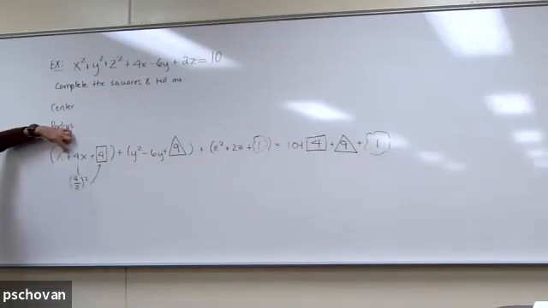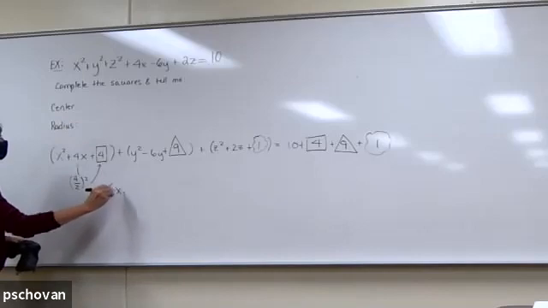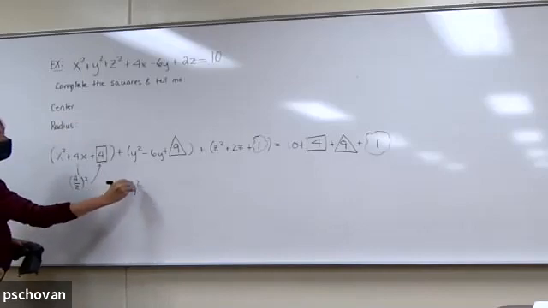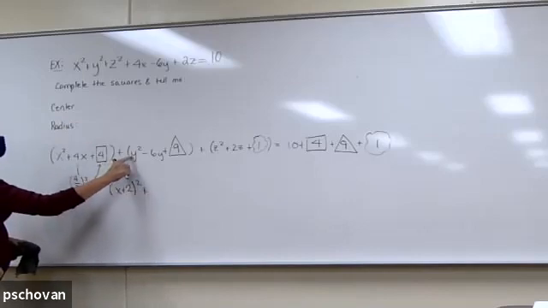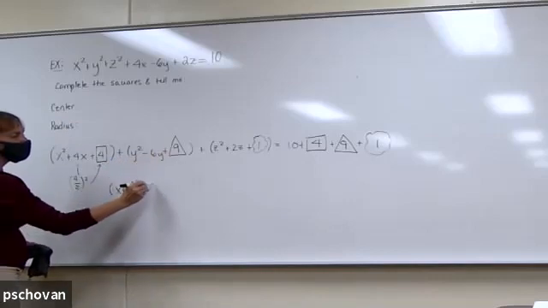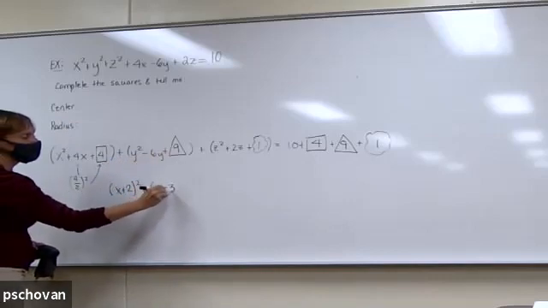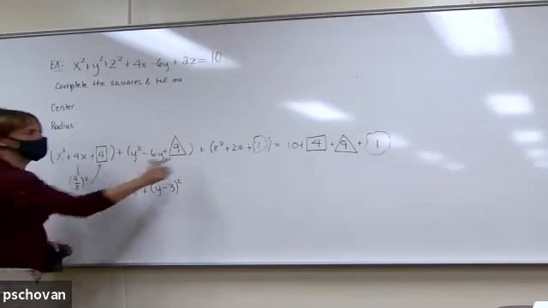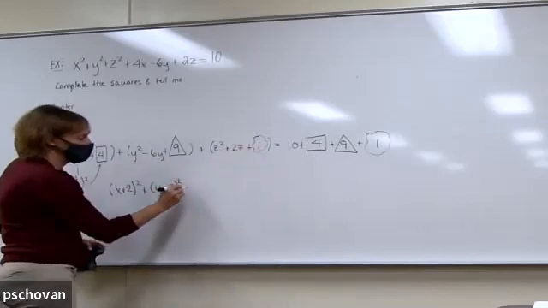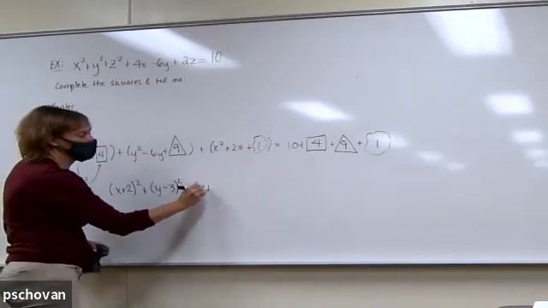Now when you factor them, each factor takes the sign of the middle term. So this will factor as x plus 2 all squared. The next one factors as y minus 3 all squared. And then finally z plus 1 all squared.